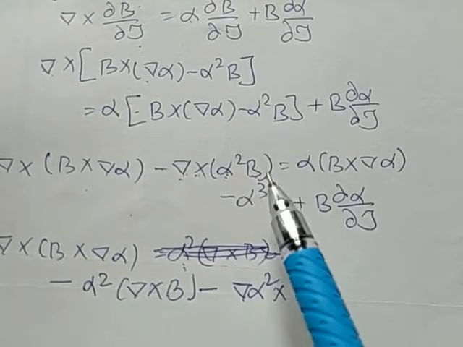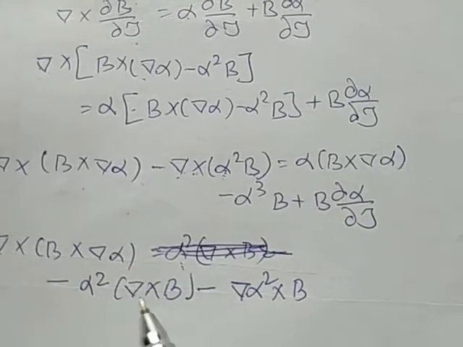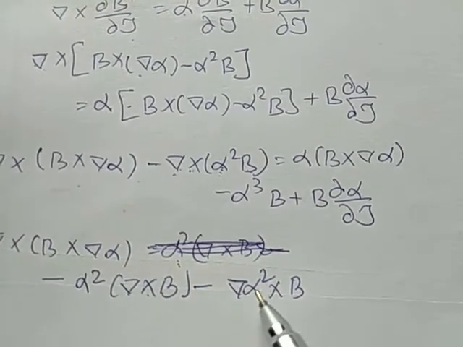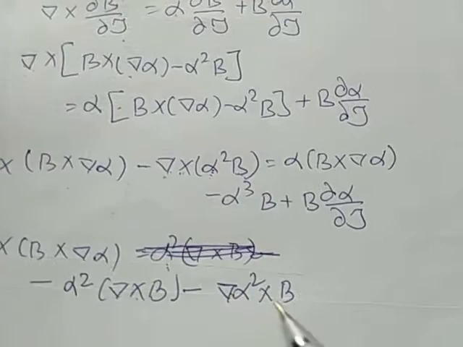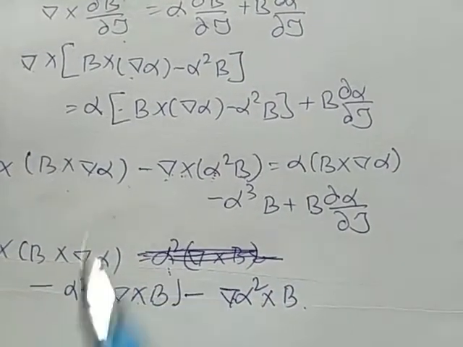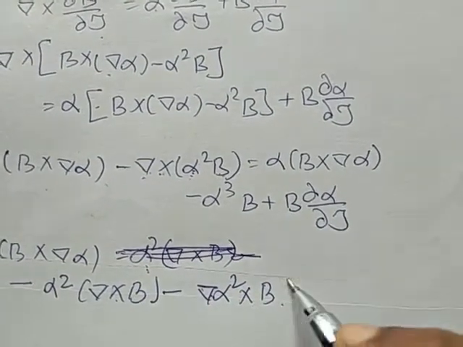So what is del cross phi f? Phi into del cross f plus del phi cross f. So minus is there, so I have multiplied by minus. The RHS remains as it is.